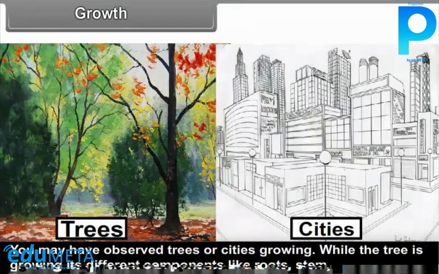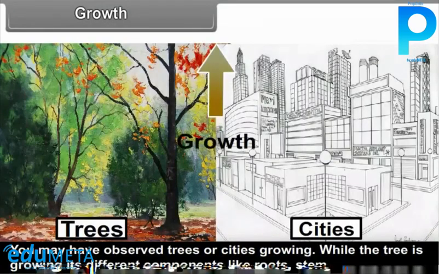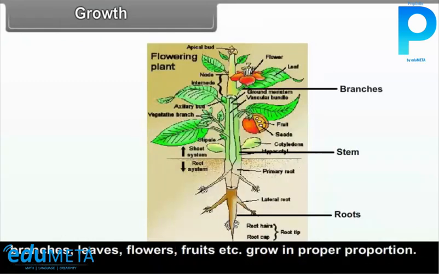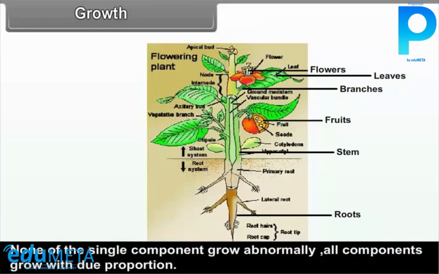You may have observed trees or cities growing. While the tree is growing, its different components like roots, stems, branches, leaves, flowers, fruits, etc. grow in proper proportion. None of the single component grows abnormally. All components grow with due proportion.